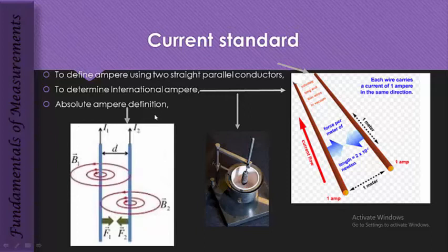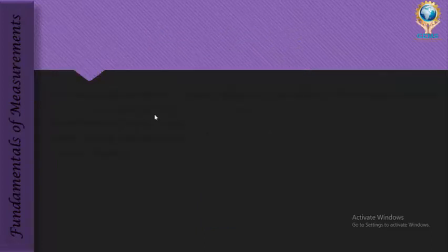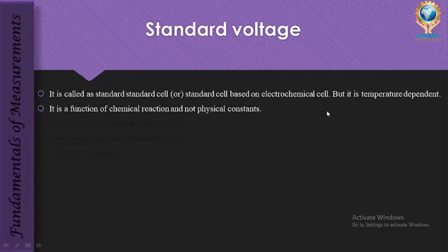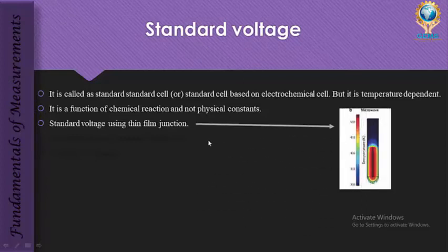So now we move on to the voltage standard. How do we define the voltage standard? The first voltage standard was found by using a standard cell, based on an electrochemical cell. But this was not acceptable to all because it was temperature dependent, so they went for another alternative in which the standard voltage used a thin film junction cooled to about 0 degrees Celsius.